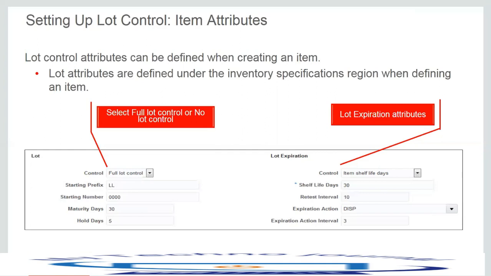Here, the starting prefix is LL and the starting number is 0000. When we define an item, we can specify the starting lot prefix and starting lot number.